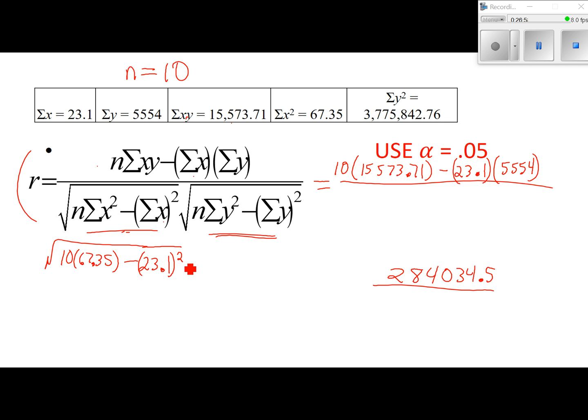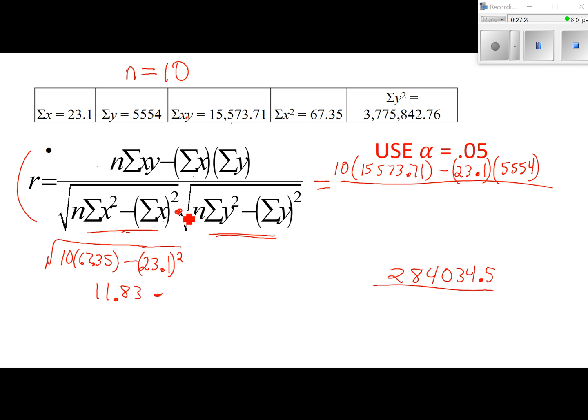Well, I can plug all that right into my calculator, and if I hit second, square root, 10 times 67.35 minus 23.1 squared, close the parenthesis, I end up with 11.83.